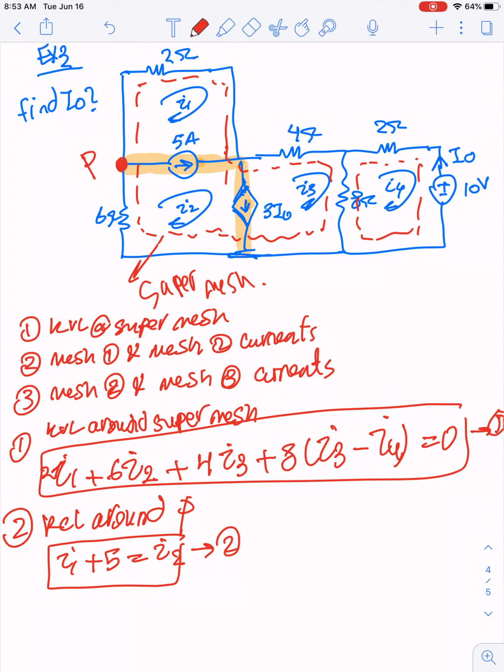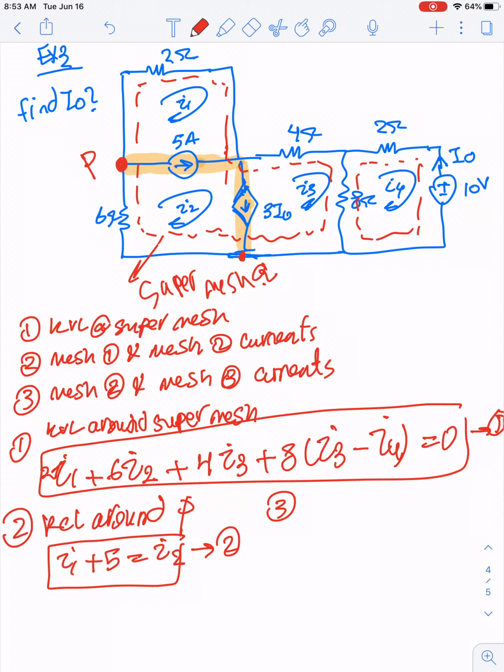And this is equation 1. So in order to find the third equation, I have to relate the current of mesh 2 with the current of mesh 3. So I have to do KCL around a certain node. Definitely, this is not a good node because it contains so many currents, four current branches. So definitely this is the good node.